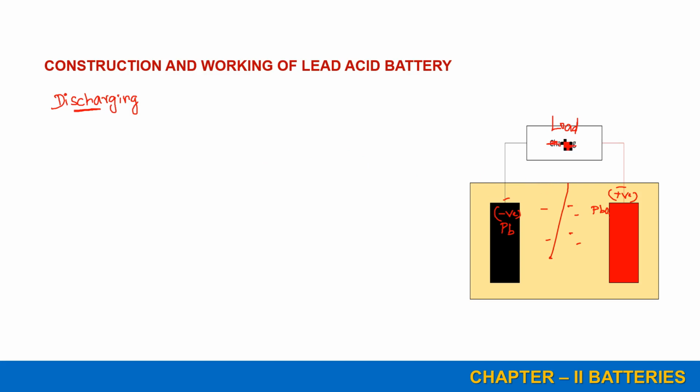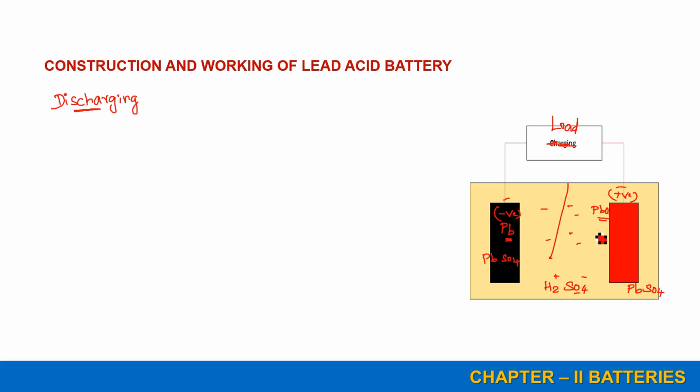If the load is connected, what will happen? Here the sulfuric acid, which is the electrolyte, splits into two materials: hydrogen ions and sulfate ions are separated. During the discharging condition, the sponge lead becomes lead sulfate, and the PbO2, lead peroxide, also forms lead sulfate.